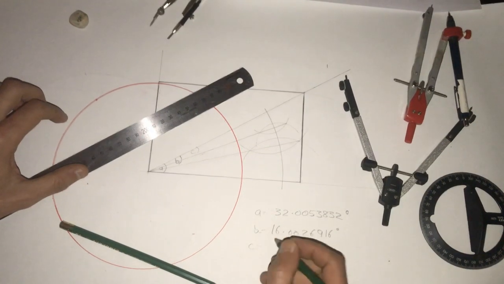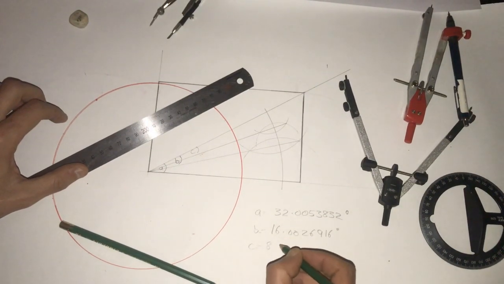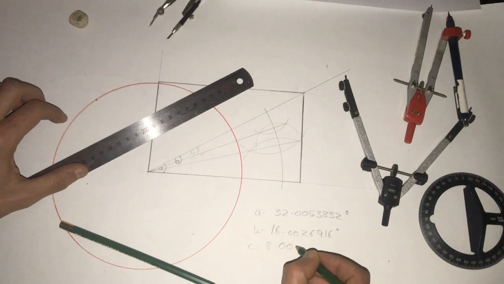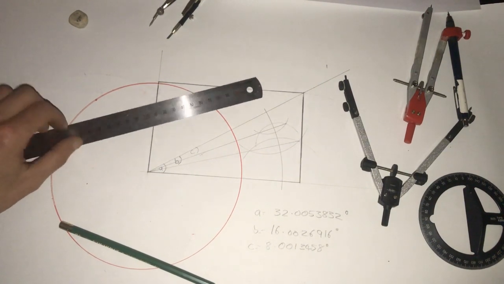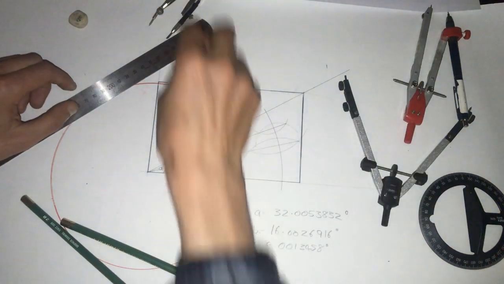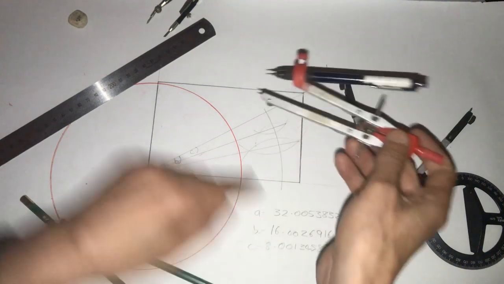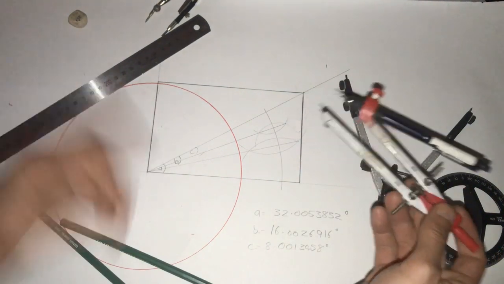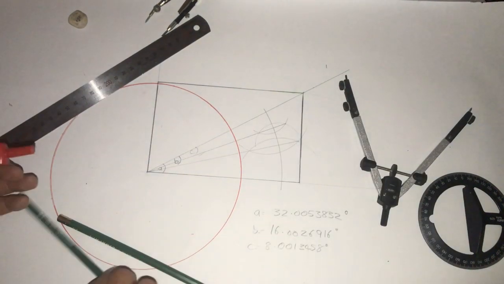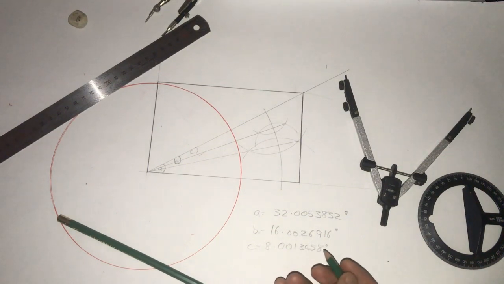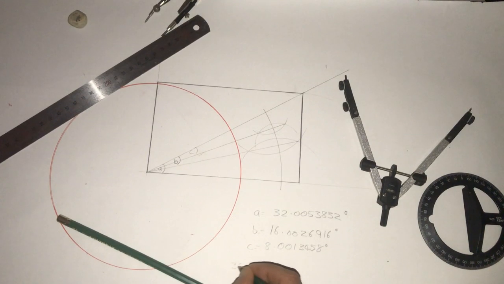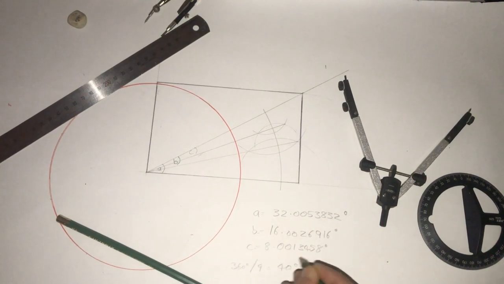By strict definition, if we draw it perfectly, angle C is 8.001345 degrees. Now I'm going to use the circle, because now we have all the points we need, because a nonagon is a 9-sided shape, a 9-pointed star. 360 degrees divided by 9 equals 40 degrees.